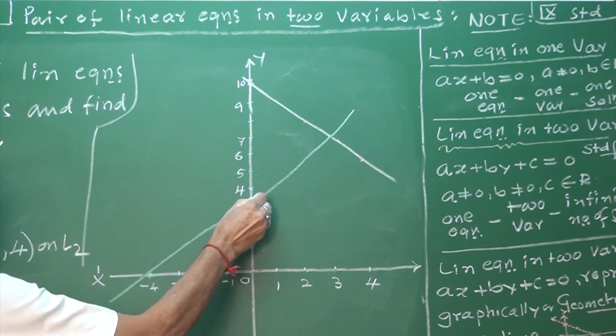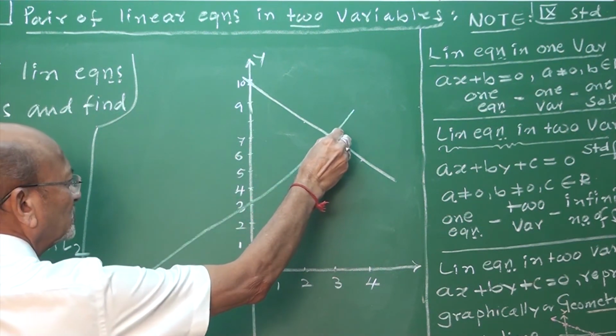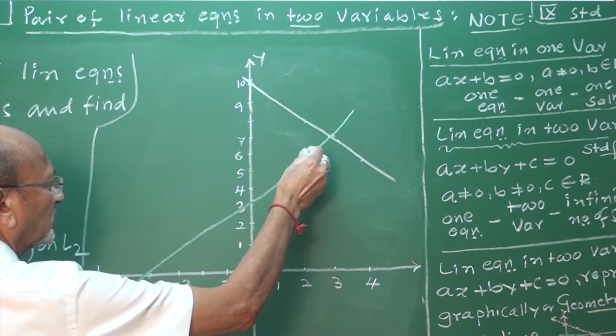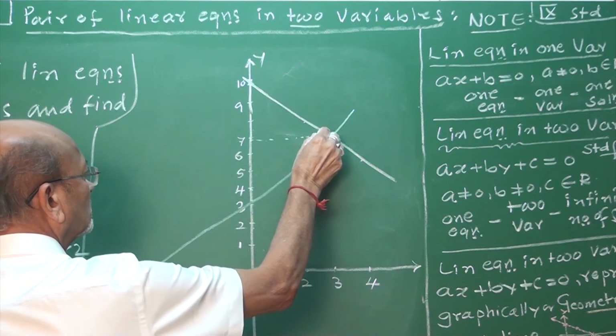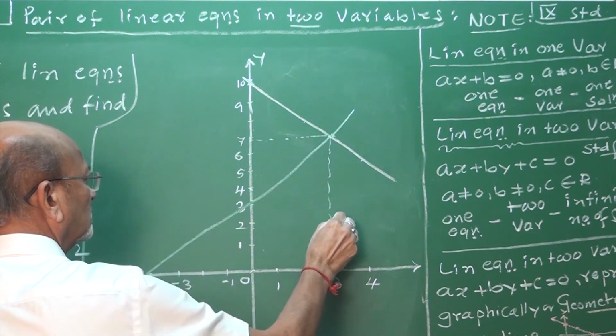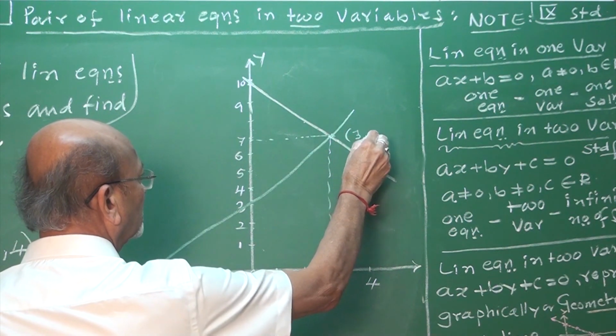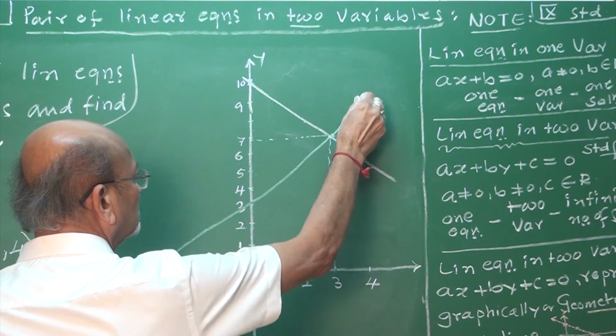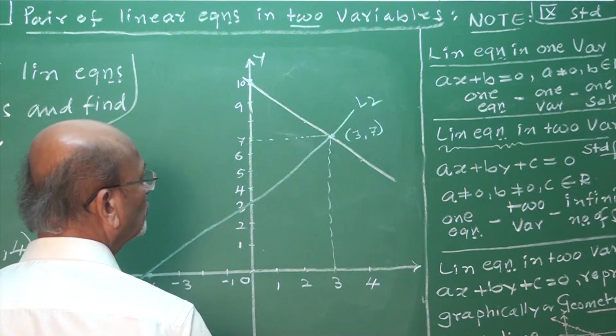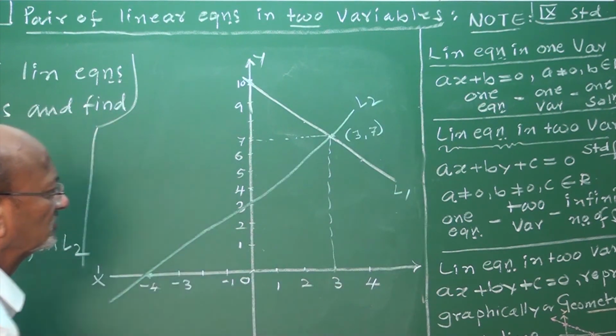Yes, sometimes it misses, my friends. This is your point of intersection. This is 7, this is 3. So x is 3, y is 7. This is L2, this is L1.